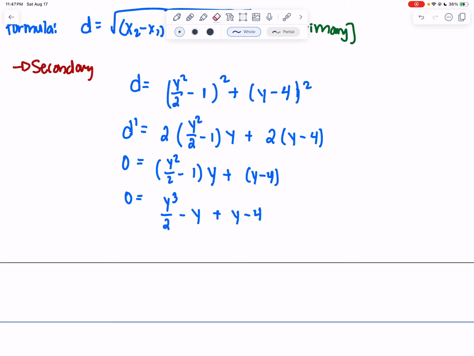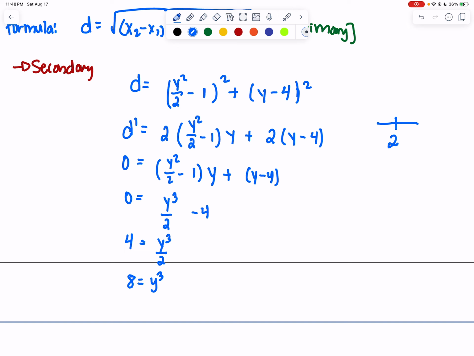That's just going to cancel out. So I have y cubed over 2 minus 4. I'm going to move the 4 to the right side. So I have y cubed over 2 equals 4. Then I have 8 is equal to y cubed. So if I do that, this is going to tell me that I have 2 as a critical point.